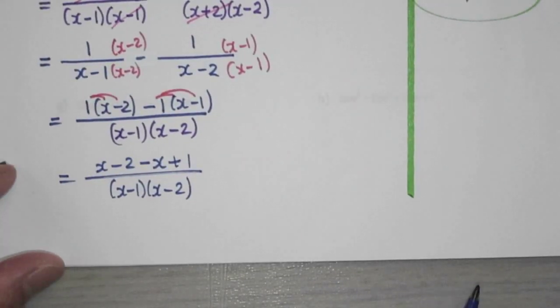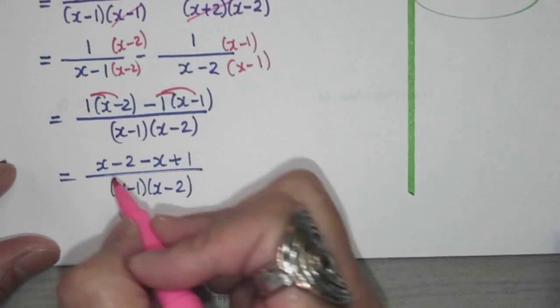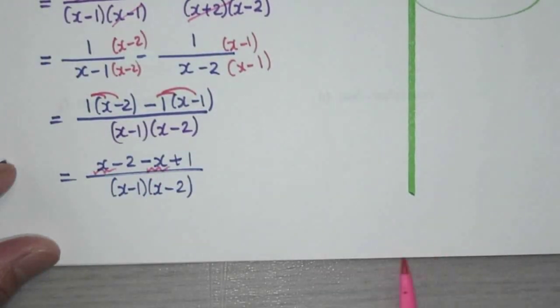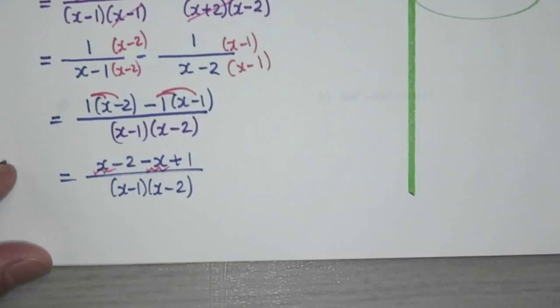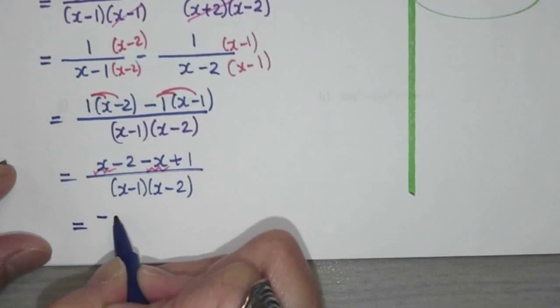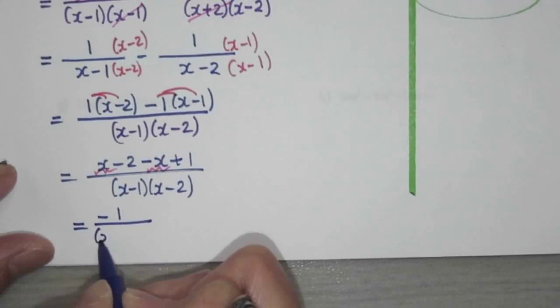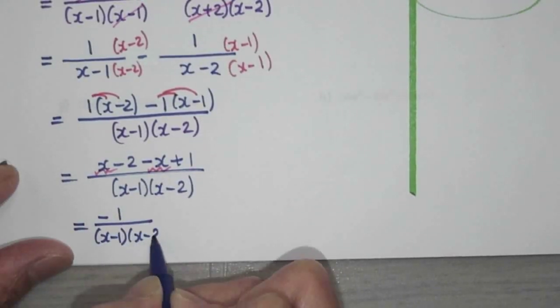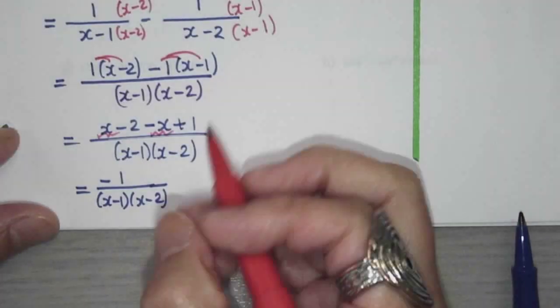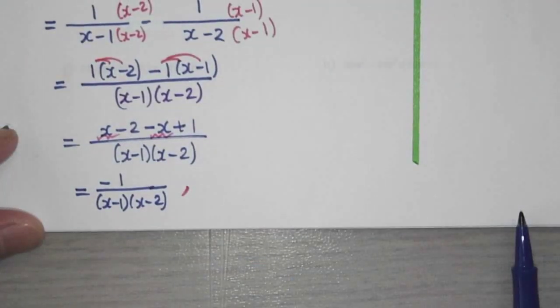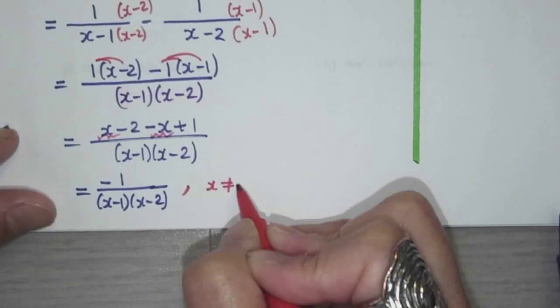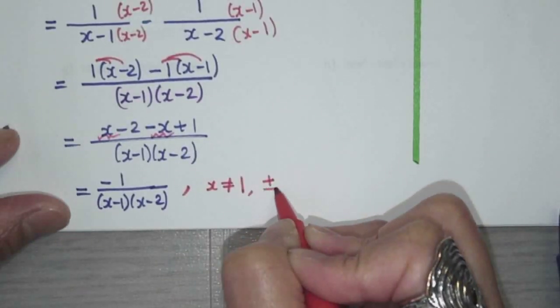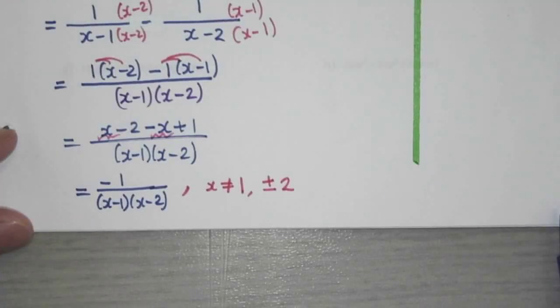Can I simplify one more time? Yeah, it's the never-ending question. Right, these are always long. So I get negative 2 plus 1. X minus x disappears. So I get negative 1 over, comma, restrictions please, from here. X cannot equal 1 or positive or negative 2.